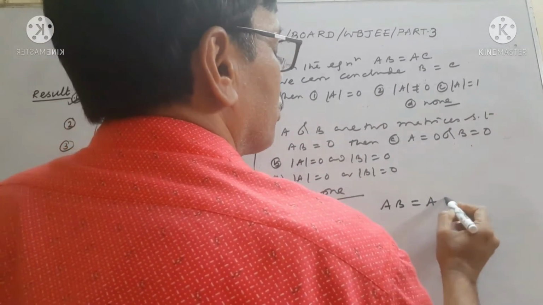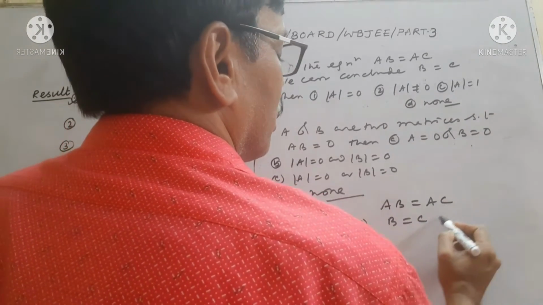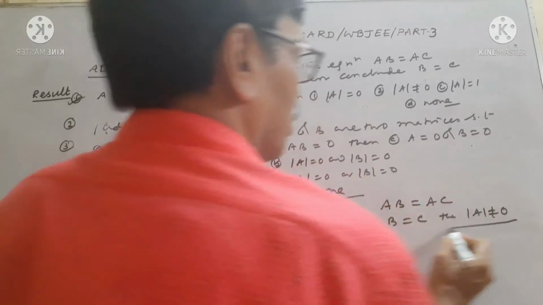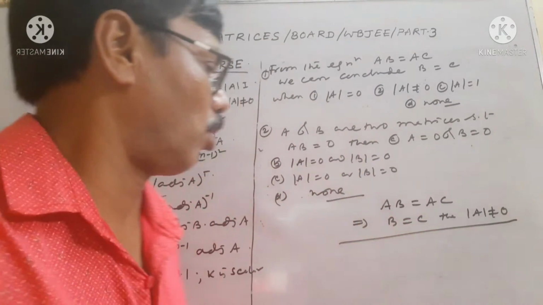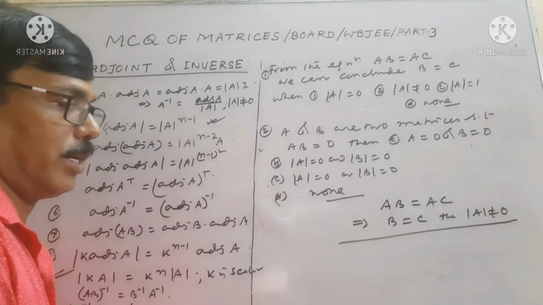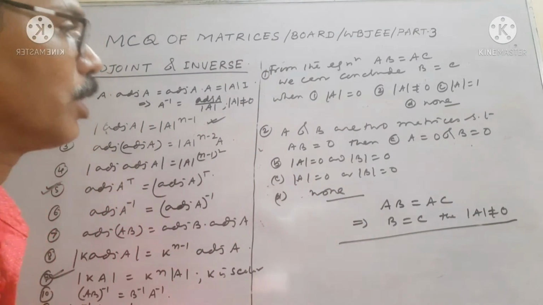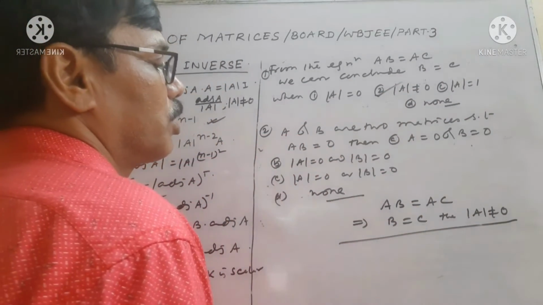If AB equals AC implies B equals C, then determinant A not equals 0. This rule is called left cancellation law. From the left end you cancel A, provided determinant A not equals 0. So the answer is determinant A not equals 0.